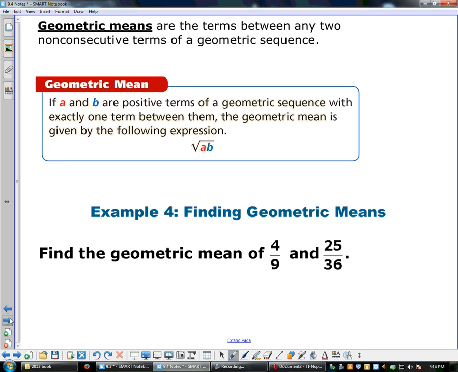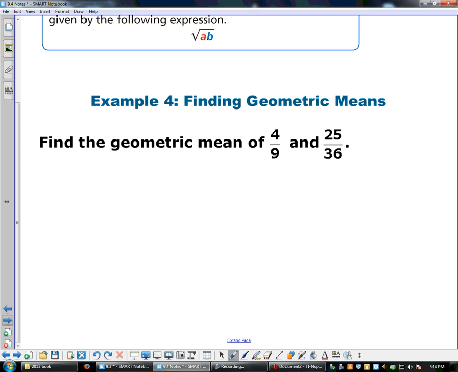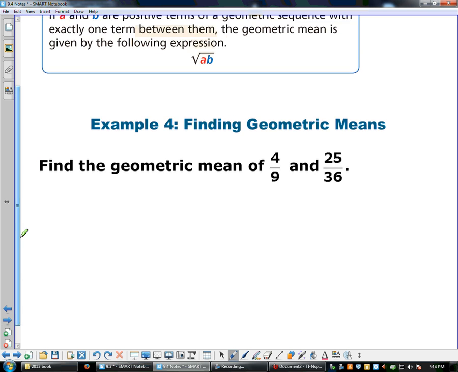This is example 4, so find the geometric mean of 4/9 and 25/36. So the geometric mean here would be square root of 4/9 times 25/36. And so when we work this out, we end up getting square root of 25/81 when we reduce things.